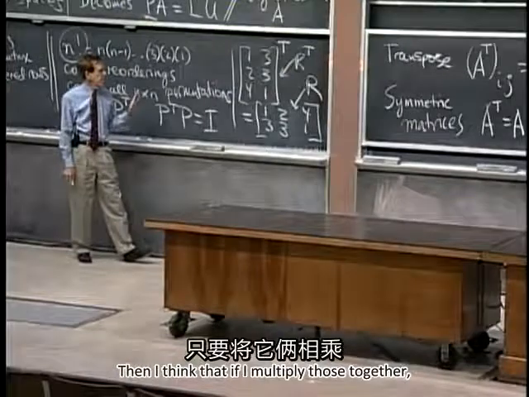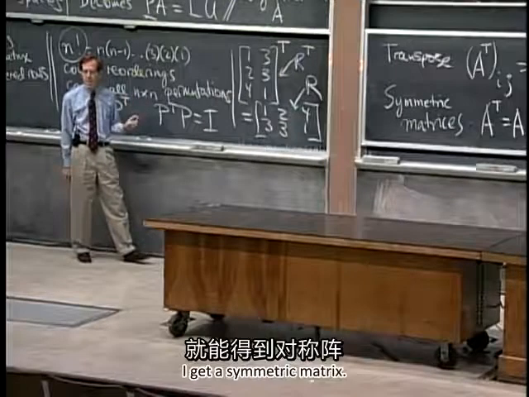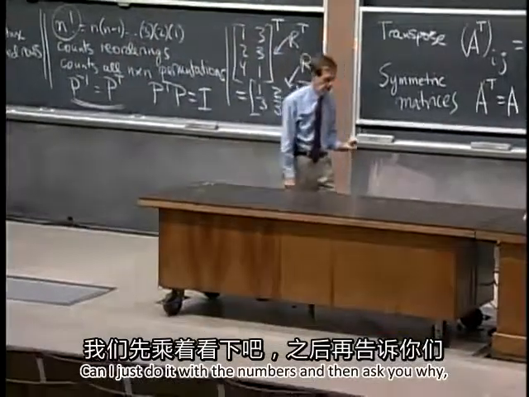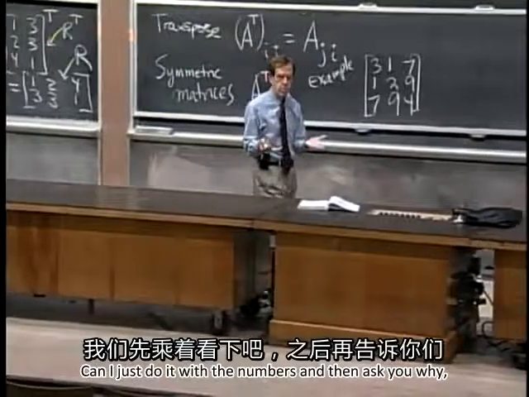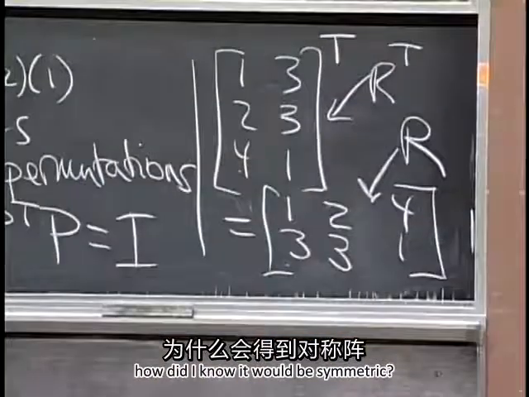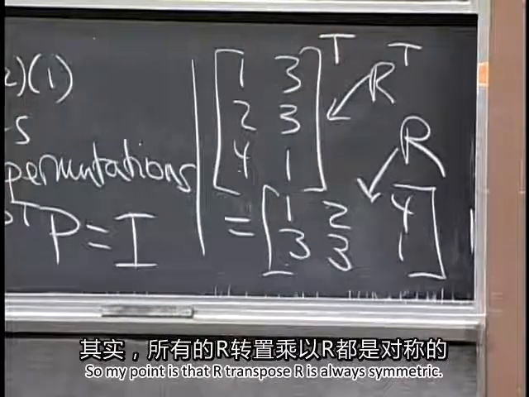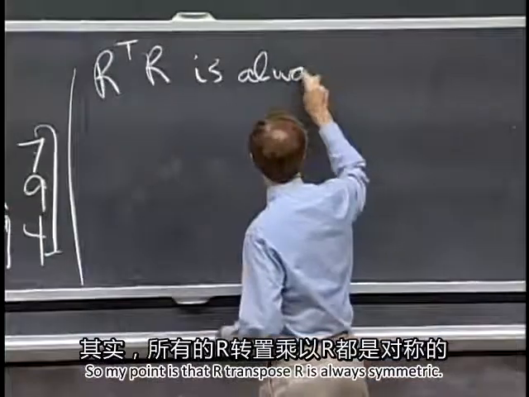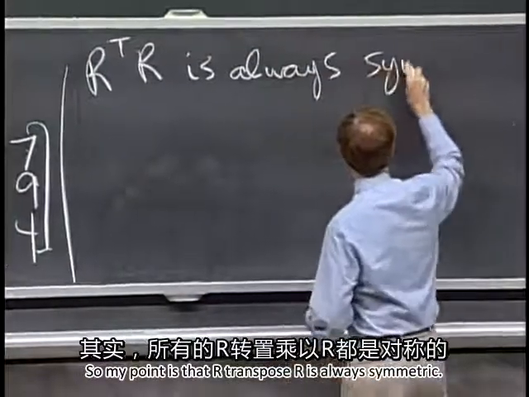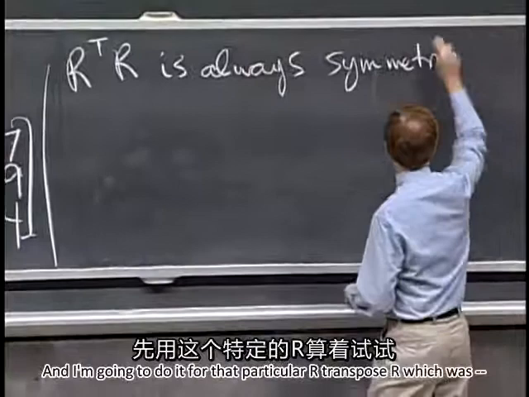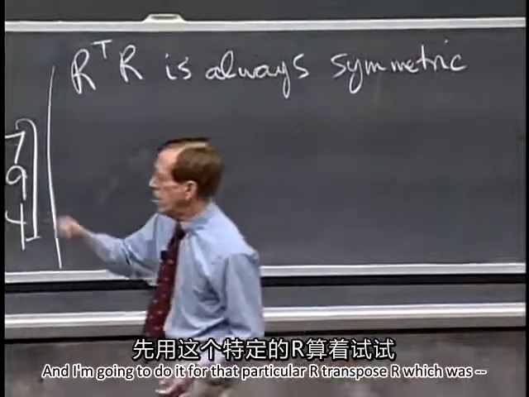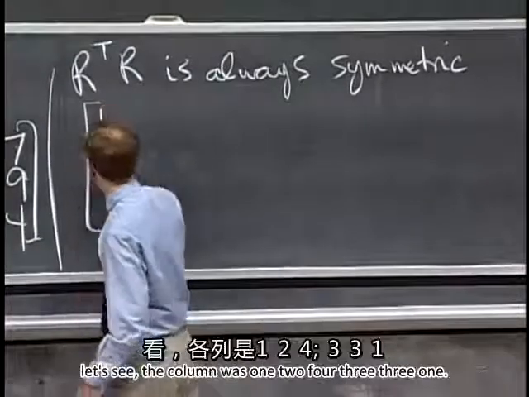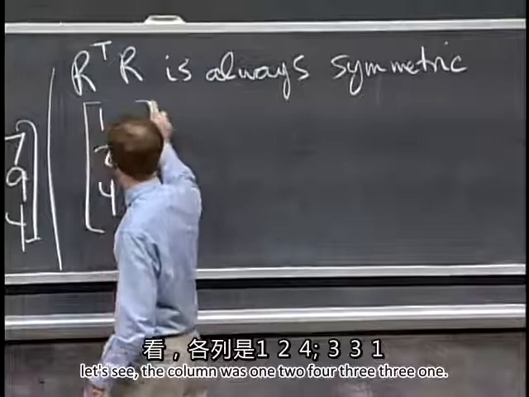Then I think that if I multiply those together, I get a symmetric matrix. Can I just do it with the numbers and then ask you why? How did I know it would be symmetric? So my point is that R transpose R is always symmetric. Okay? And I'm going to do it for that particular R transpose R, which was, let's see, the column was 1, 2, 4, 3, 3, 1.